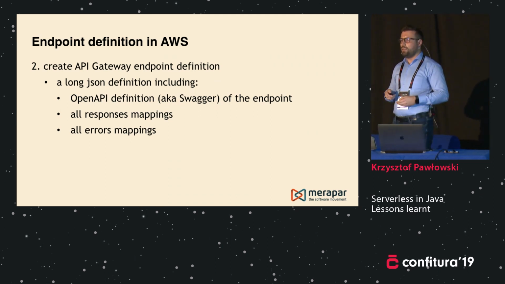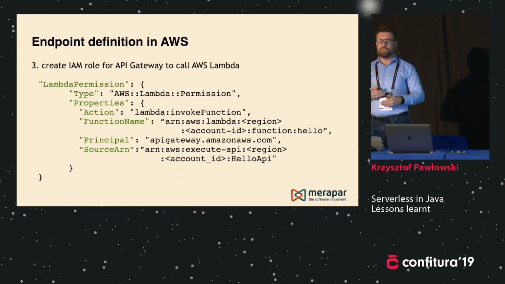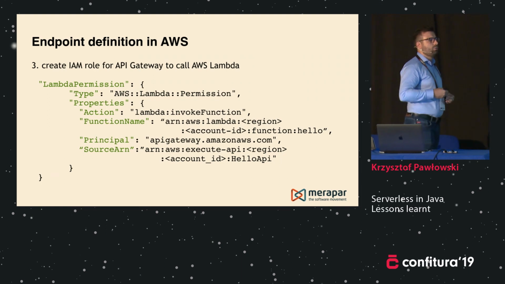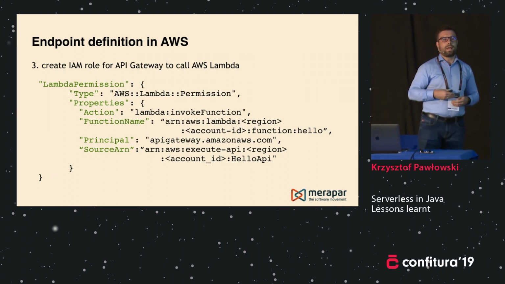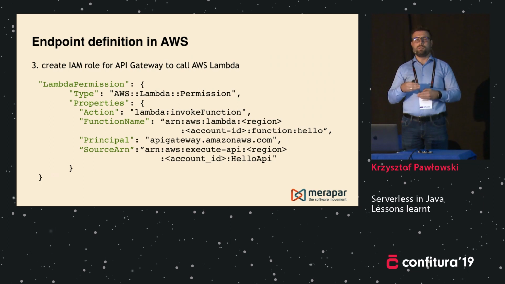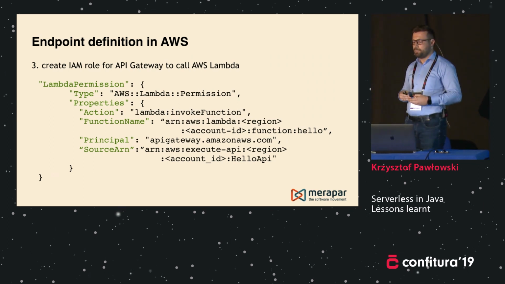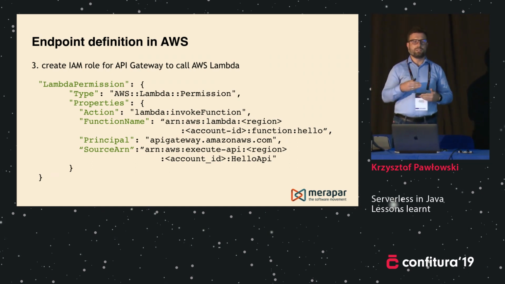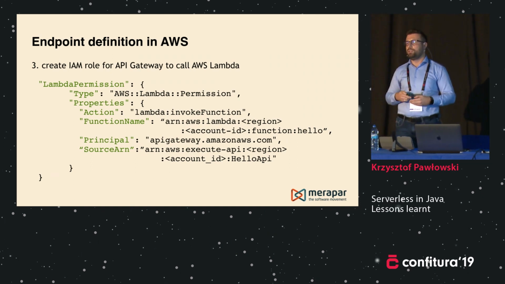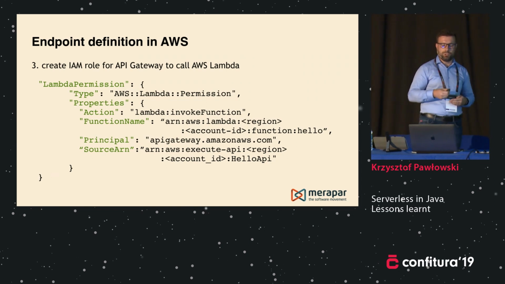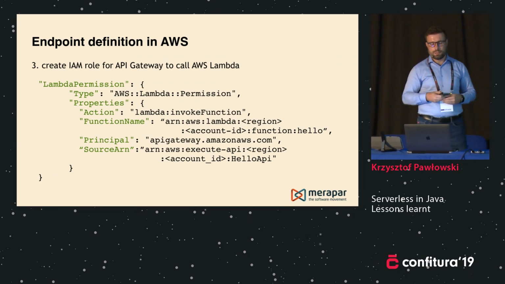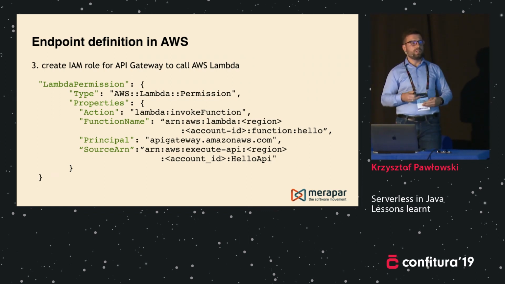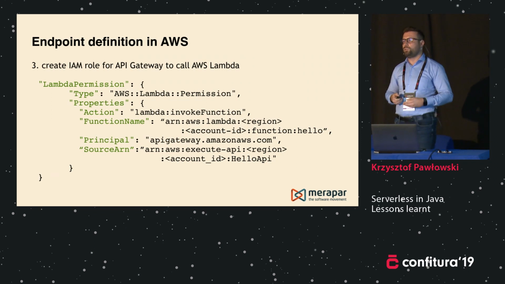But that's not all. Also, when you have your Lambda function defined, when you have your endpoint defined, you need to make sure that your API Gateway endpoint can run the code using AWS Lambda. So you need to give a permission to API Gateway to actually execute your Lambda function that you defined in the AWS Lambda service. And here you can see the example of such a permission. So there are basically 3 steps to achieve the same thing that we could achieve in Spring Boot in just a few lines.